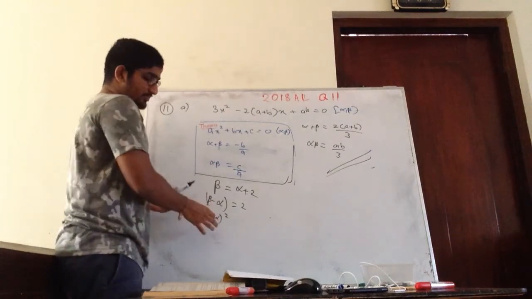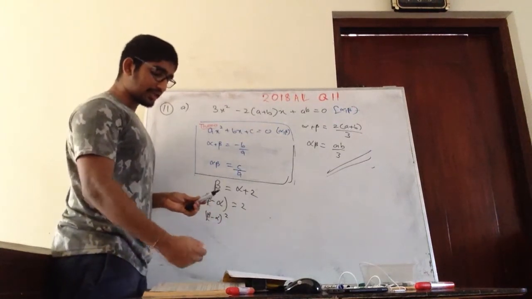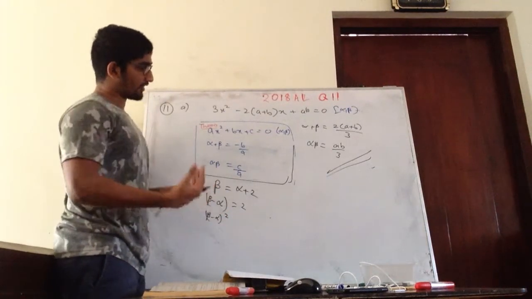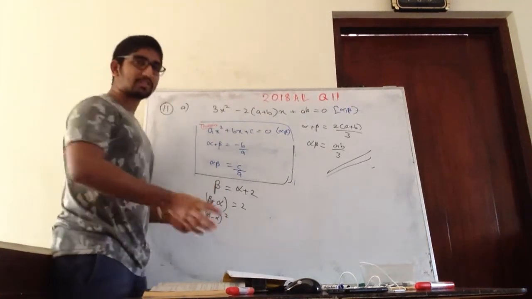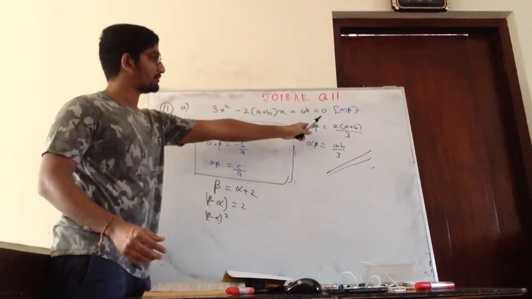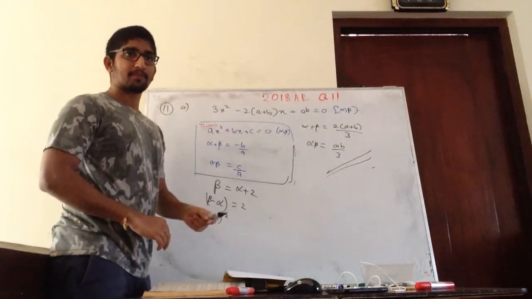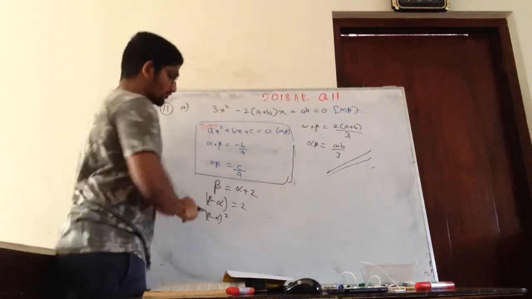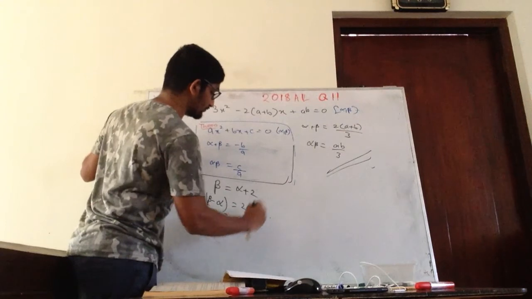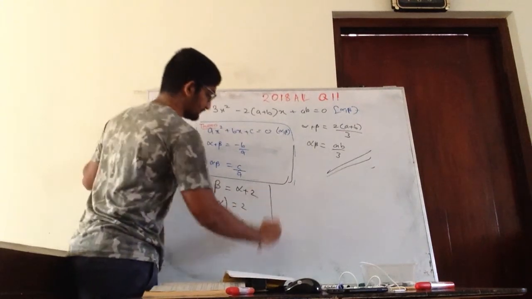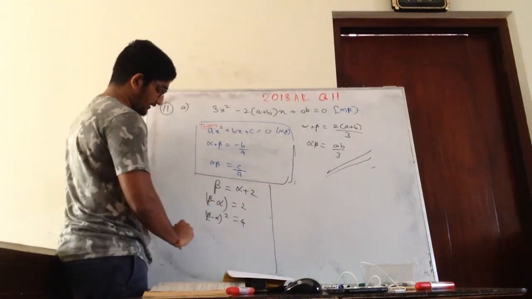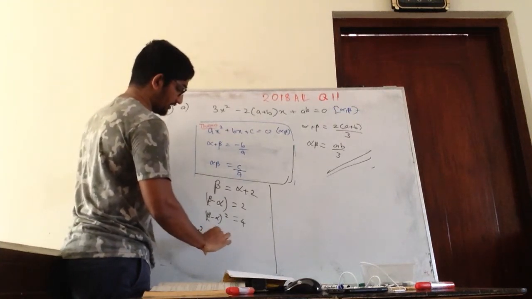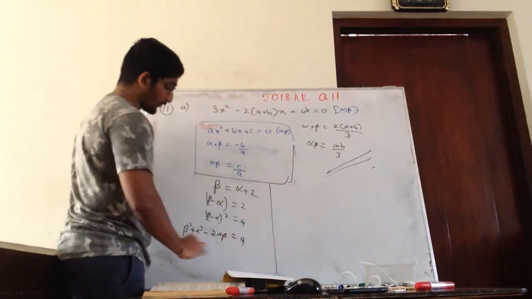So now from this we can actually derive the requirement, because if you can remember, we can write (alpha minus beta) squared in terms of alpha plus beta and alpha beta. That is my approach here. So now this will be equal to 4, right? So I will get beta squared plus alpha squared minus 2 alpha beta equals 4.